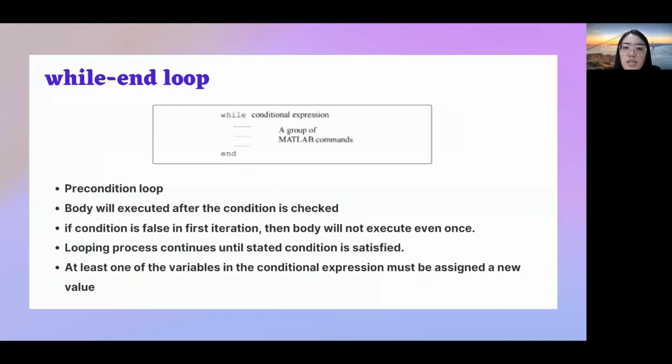The conditional expression must contain at least one variable, and the variable must be assigned a new value. The format for writing the while loop is shown in the figure on the top.